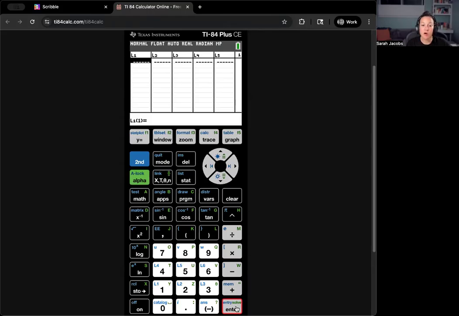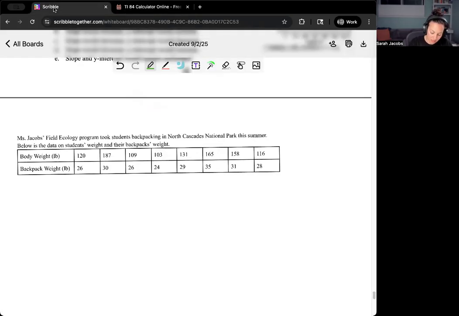And we're going to put our X values in list 1 and the corresponding Y values in list 2. It does not matter what order you put them in. So the numbers could go from lowest to highest, highest to lowest, be all scrambled. It does matter that, for instance, a given body weight of 120 had a backpack weight of 26.